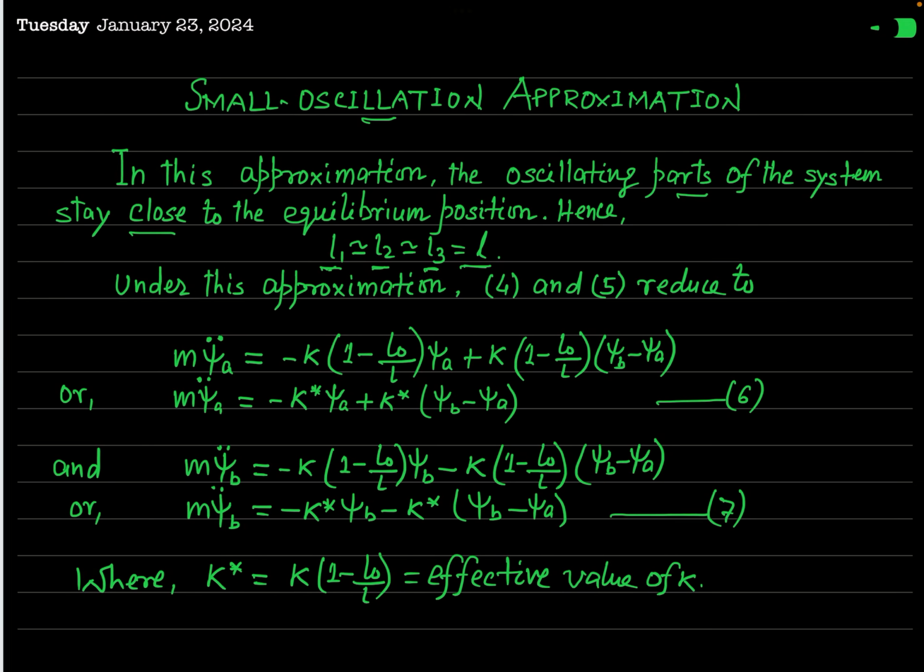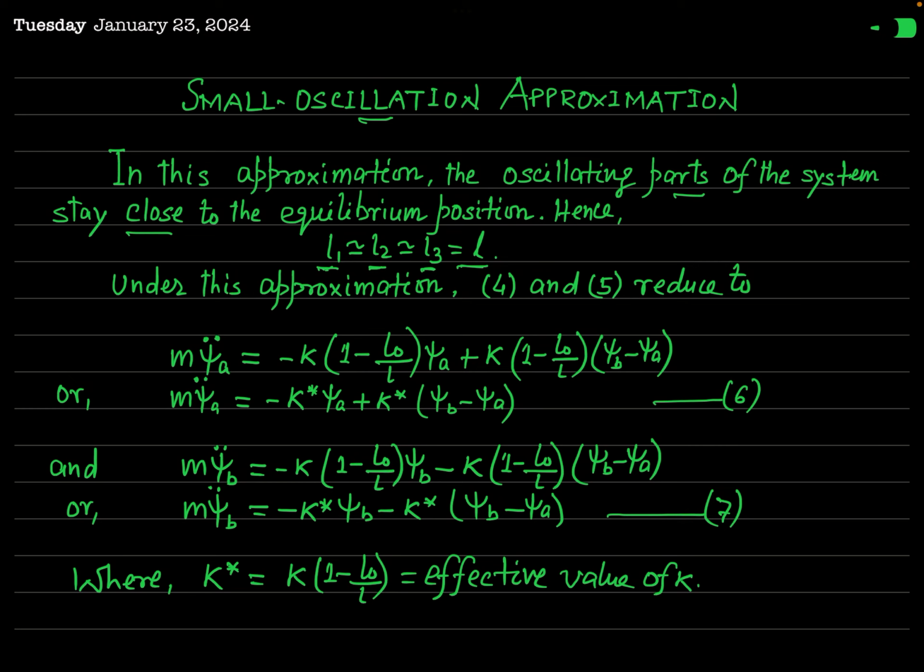This first equation is m times psi a double dot equal to minus k times (1 minus L naught by L) psi a plus k times (1 minus L naught by L) times (psi b minus psi a).